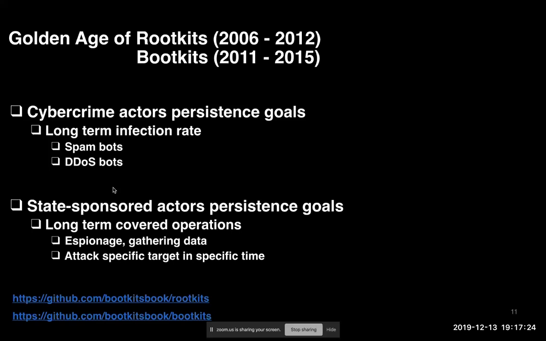It's exactly why rootkits became very popular at the time. But as we mentioned before, when the operating system started implementing some mitigations, development for rootkits got more expensive, and attackers shifted down the stack.